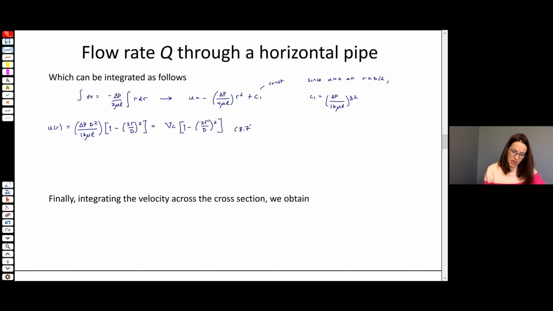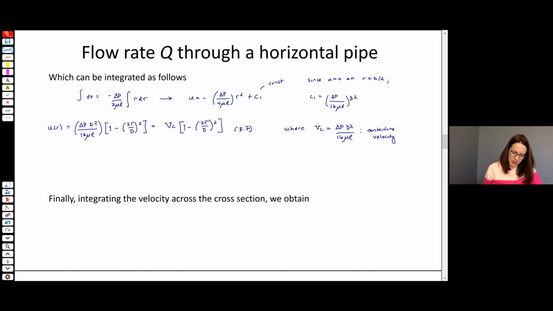This is equation 8.7. And just a note about V centerline here. V centerline is literally what it sounds like. If you go right to the middle of the pipe along the central axis of the pipe, that's the magnitude of velocity there, V sub C.